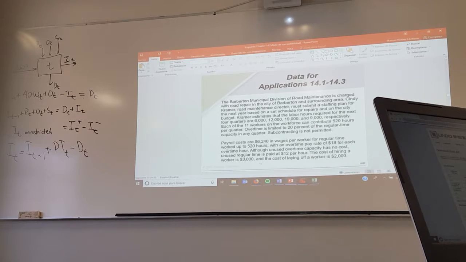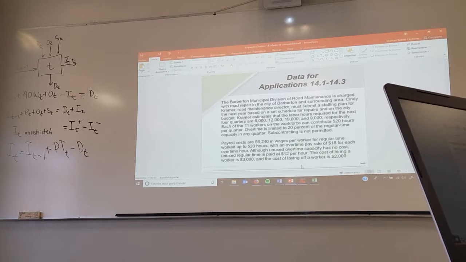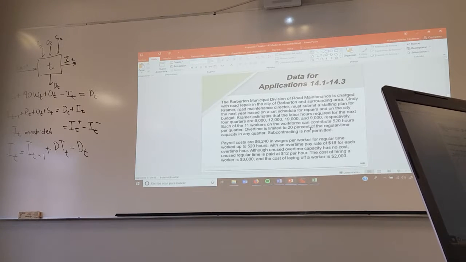All of this goes in the objective function. And this information is going to be the constraints. The main constraint is to satisfy the demand, because there can be no back orders. So I'm going to write the constraints over there in general, and then I'm going to come back to the computer and write this in Lindo in detail. Okay? And we're going to solve it.